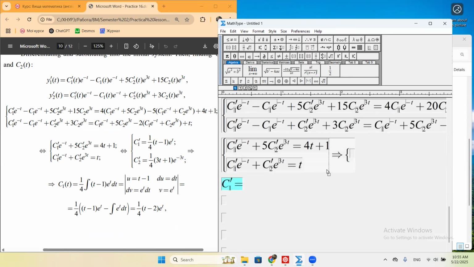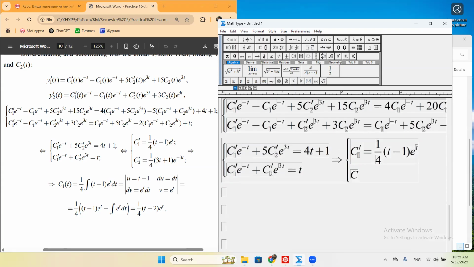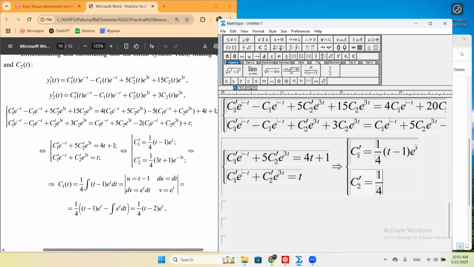So C1 prime equals 1 over 4 (t minus 1) e to the power of t, and C2 prime will be equal 1 over 4 (3t plus 1) e to the power of minus 3t.